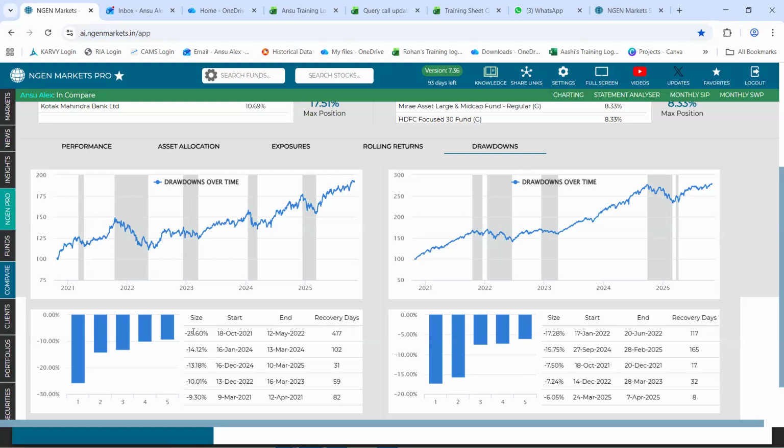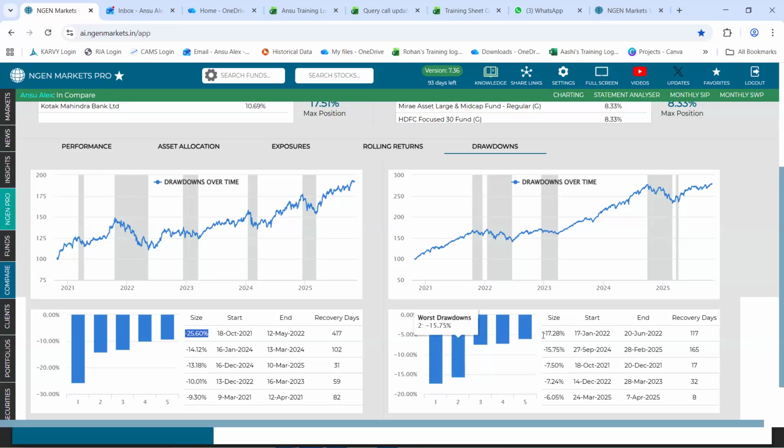So, in my stocks portfolio, you could see the magnitude of loss was 25%, which started in October 2021 and continued till May 2022. In order to recover this loss, it took a total of 417 days to recover a loss of 25.6% in my stocks portfolio.